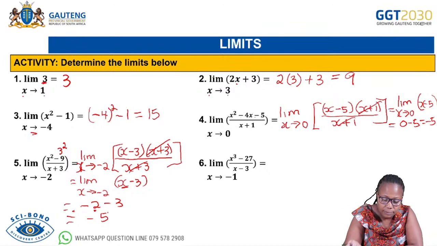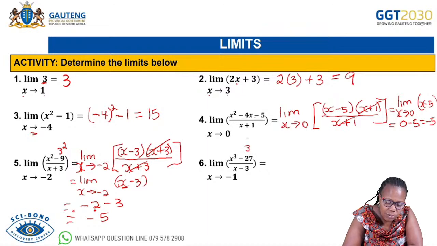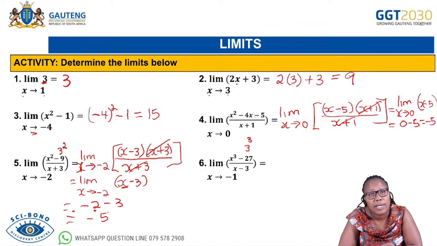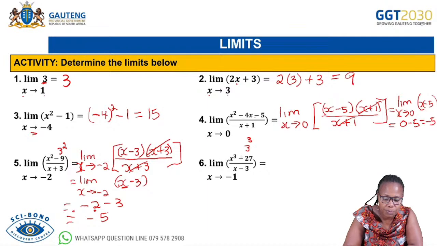Right, number 6. With number 6 again, we have fractions. So if we have fractions, we check factorization. Is there a need for that? Yes. Look at that. I'm having x to the power 3. Is 27 a cube number? Yes, because it is 3 to the power of 3. Yes, I can now involve what? Factorization of difference of 2 cubes. And then this will give us what?